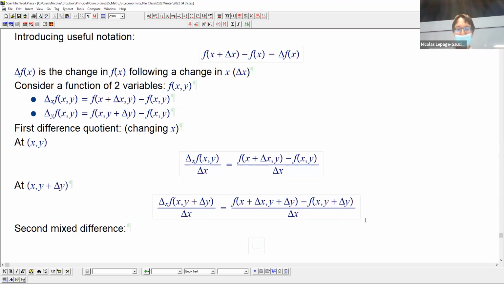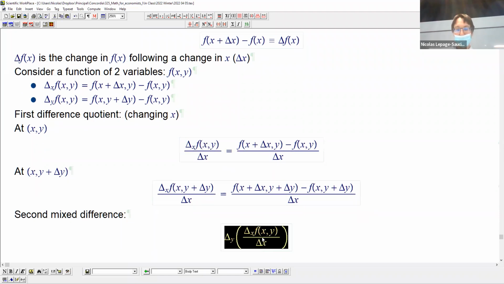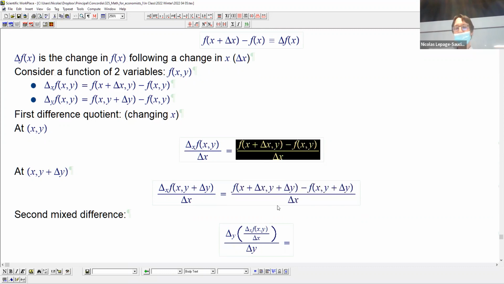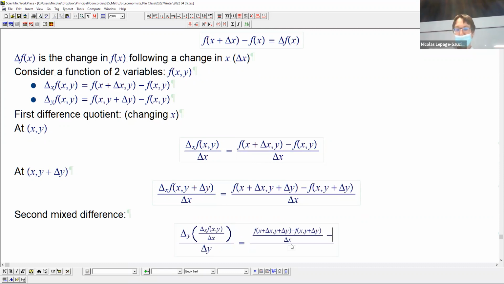So all I care about is the change when I change y of this change here. Delta y. And now let's just compute it. So it's this thing minus this thing divided by delta y. This minus this divided by delta y.